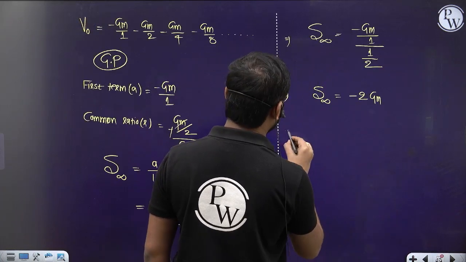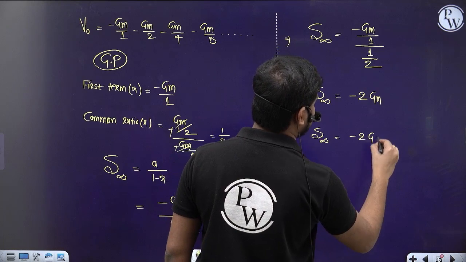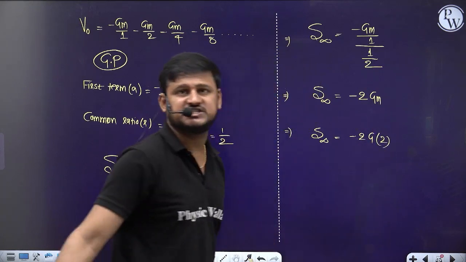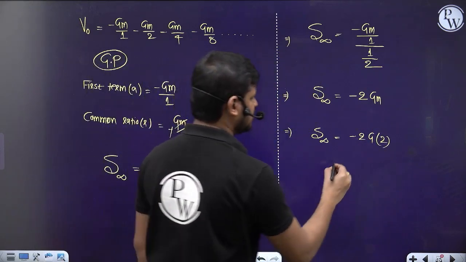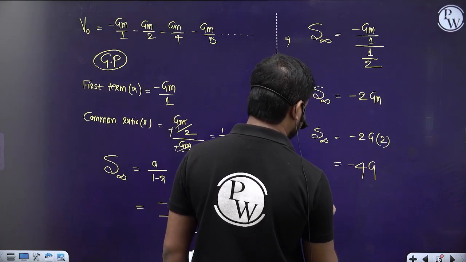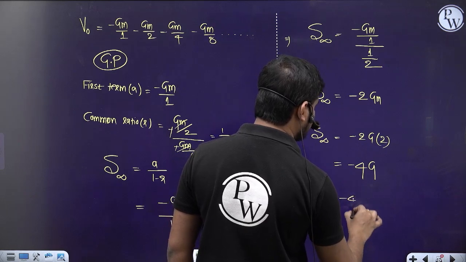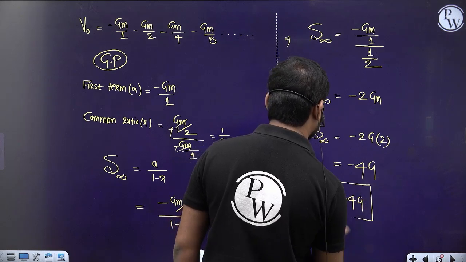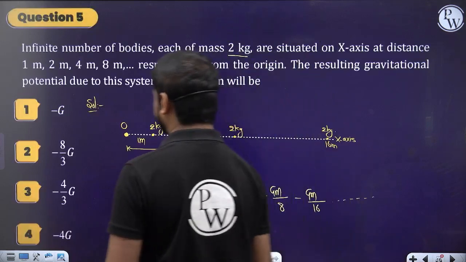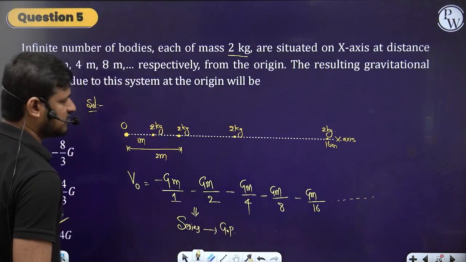So substituting, the summation of infinite terms will be minus 2G times the mass, substituting 2 kg again, so that we get a total of minus 4G. So the summation, the net gravitational potential at O, is minus 4G. This is the net gravitational potential at the origin, point O. Option 4 is the correct one, guys.